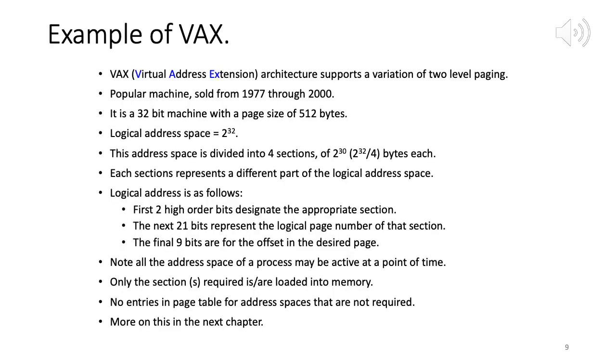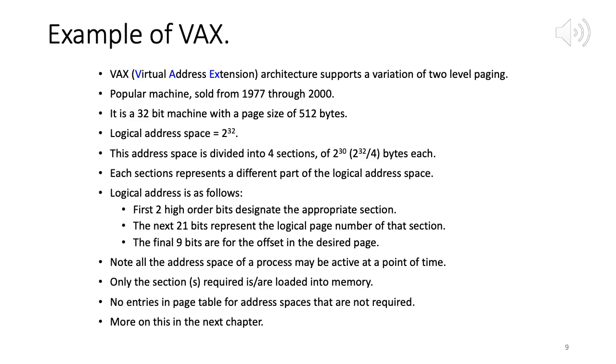Now I am on slide 9. This is an example of the VAX architecture, virtual address extension. It supports a variation of 2-level paging. This is a popular machine sold from 1977 to 2000, sort of extinct now. The unique thing was it was a 32-bit machine with a page size of 512 bytes, a bit smaller than 4K.